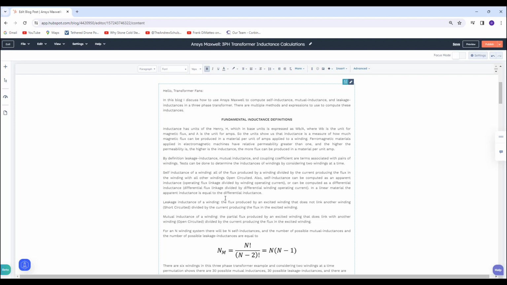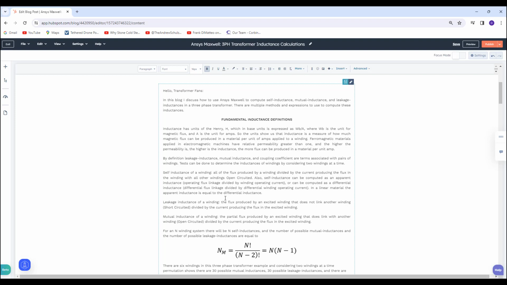This can be computed as an apparent inductance, which is the total flux value divided by the operating current in that winding, or it can be represented as a differential inductance, calculated as the derivative of flux linkage at the operating point divided by the operating current in that winding at that point.